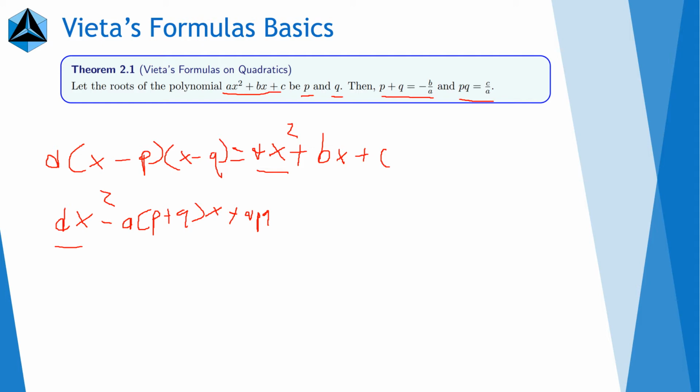But we also know that negative a times (p plus q) has to equal b, and a times p times q has to equal c. If we divide by minus a on both sides here, we get p plus q equals b over minus a, and if we divide by a on both sides here, we get pq equals c over a, which is exactly what the theorem states.